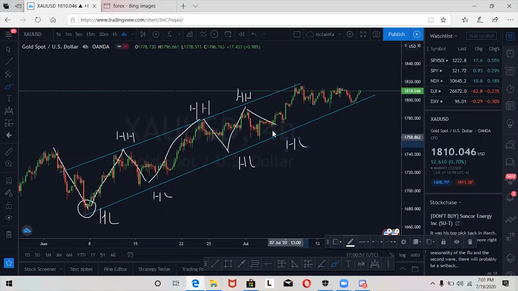Then the market jumped to a new high, a new higher high, and from there it jumped to a higher low. Higher low.